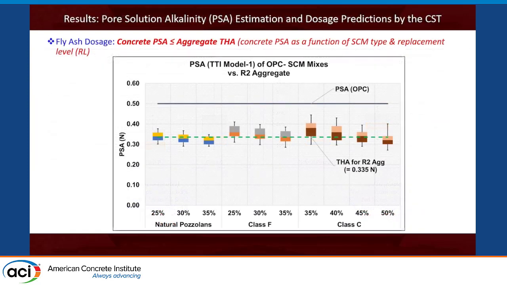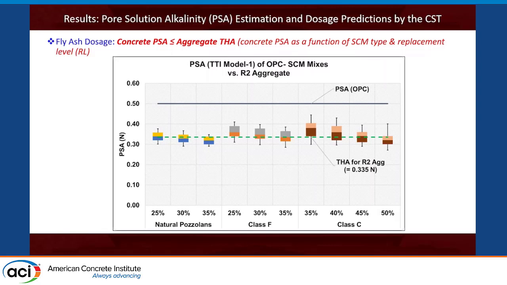Now, these values, the available alkali or water-soluble alkali, I use in the pore solution model to calculate the pore solution. So I'm not taking any decision based on water-soluble or available alkali. I'm putting it in the equation to calculate the pore solution. And here you see the pore solution. See the natural pozzolan pore solution on the bar, and the horizontal green dashed line is the threshold of a particular aggregate.